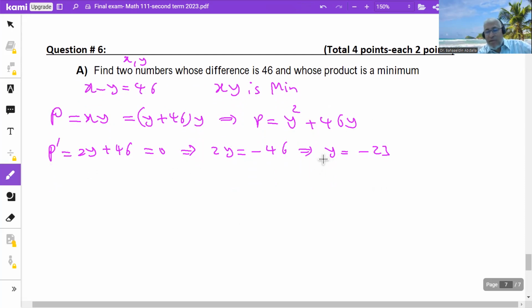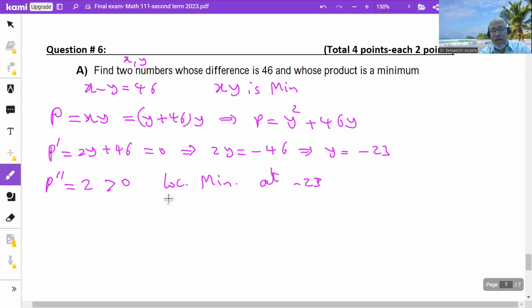How to find out? Either you find the signs of P prime or you find P double prime. P double prime is just 2, the derivative of 2y is 2. It's greater than 0, so we have a local minimum. That's the theorem: whenever P double prime, the second derivative, is positive, we have a local minimum at negative 23.